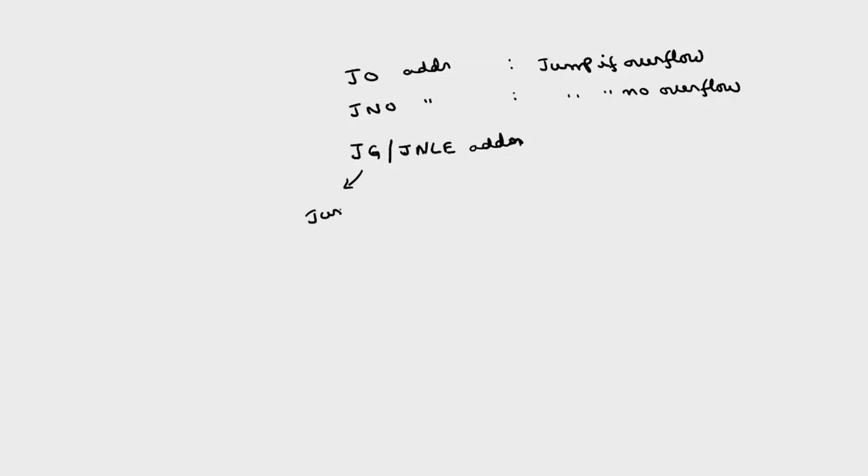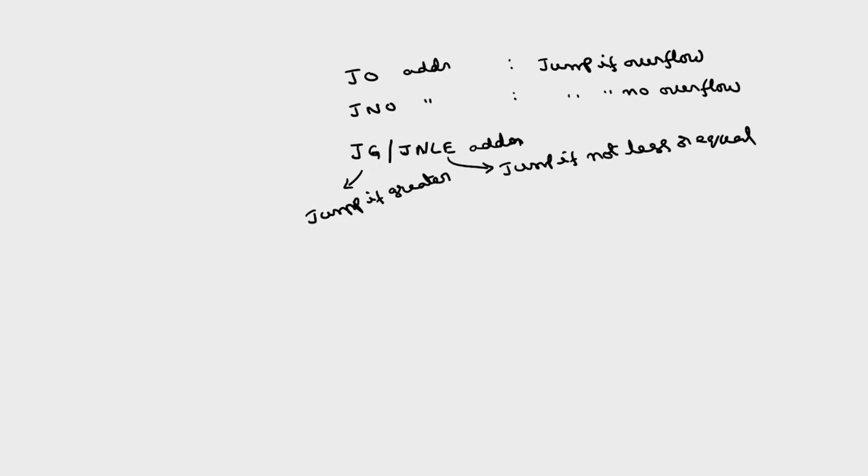If the source is greater than the destination, then this will jump, otherwise it will skip the instruction and go to the next instruction. Jump if greater and jump if not less or equal. Basically to compare the two, after the compare instruction, this instruction will be used.